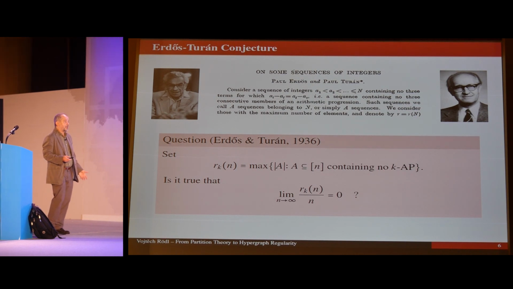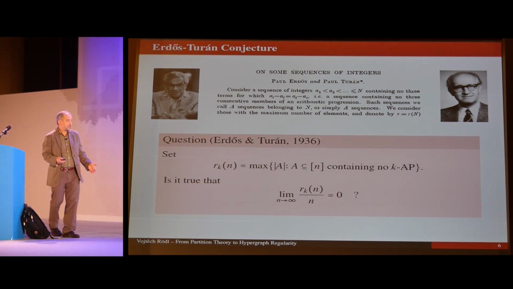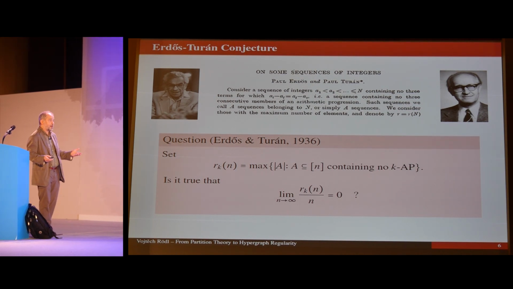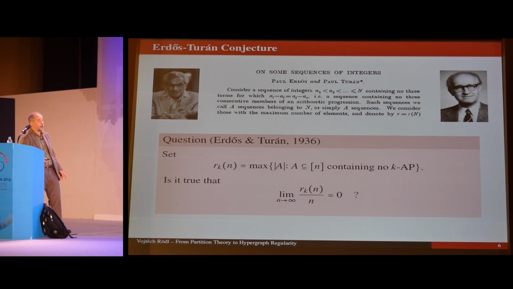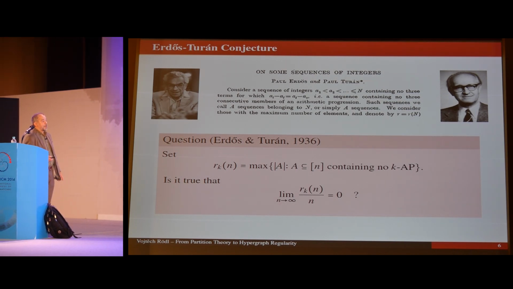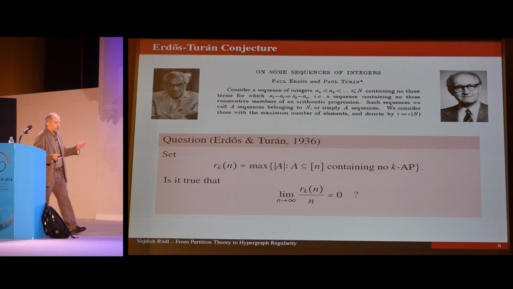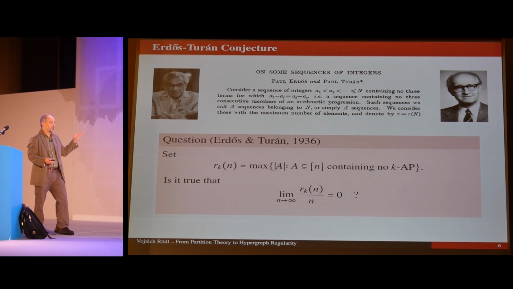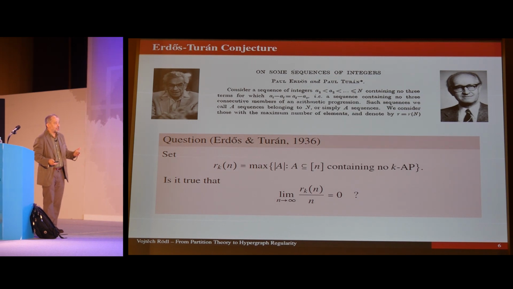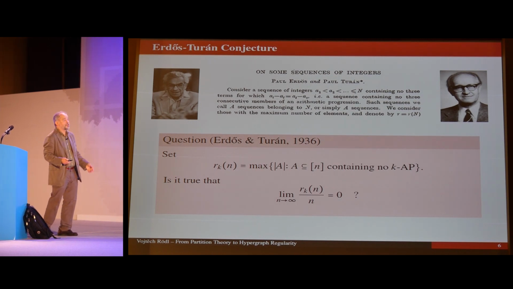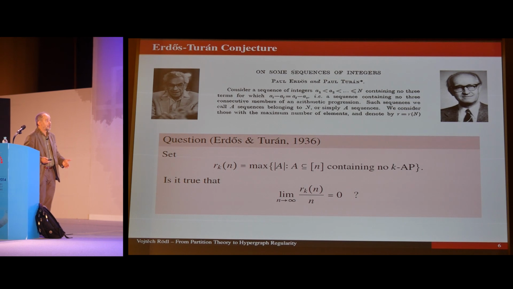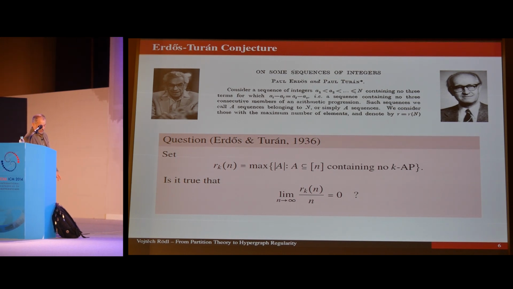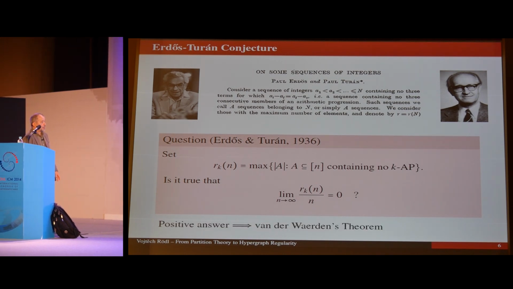And they asked if r_k(n) divided by n goes to 0, or in other words, if r_k(n) is little o of n. In other words, their conjecture could be formulated as: any subset of integers of positive density contains arbitrarily long arithmetic progressions.